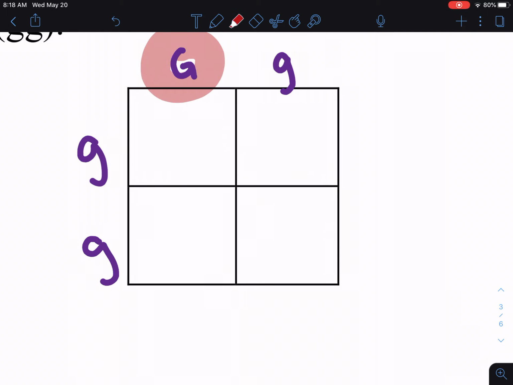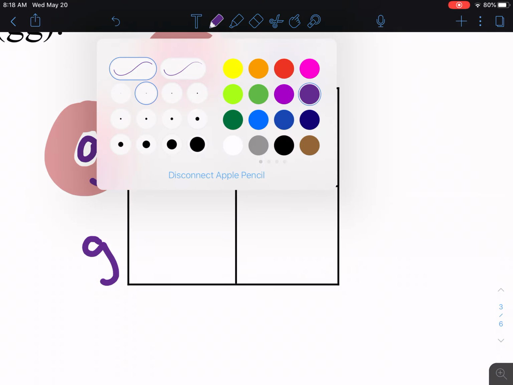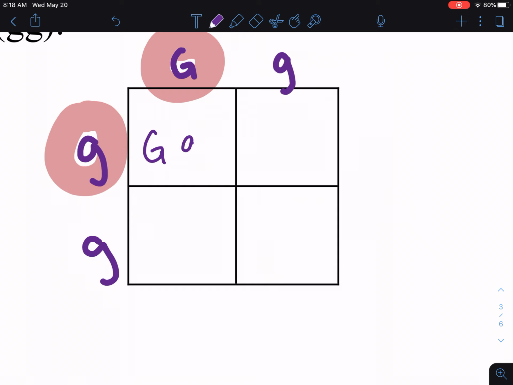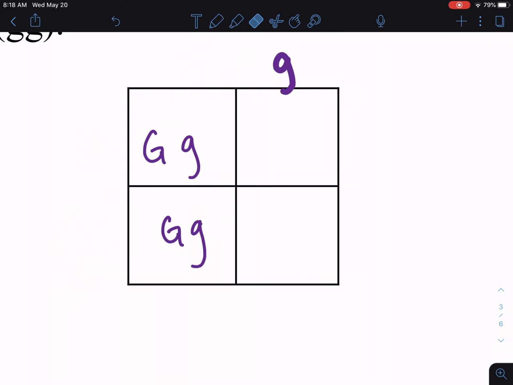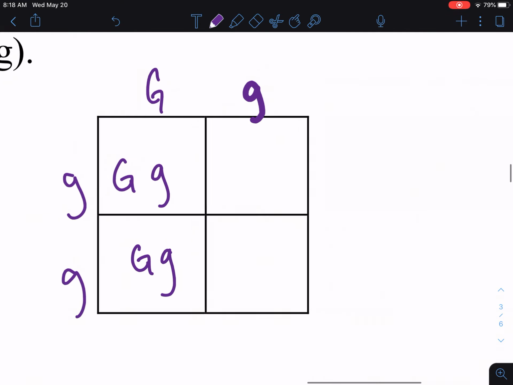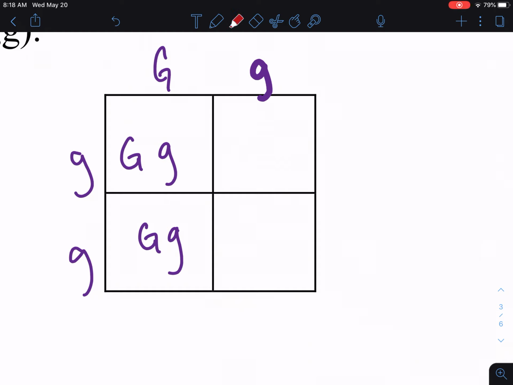Start here, these two. Okay, so in that we're going to have big G, little g. Okay, next one we have this one and this one. Once again, we're going to have big G, little g.